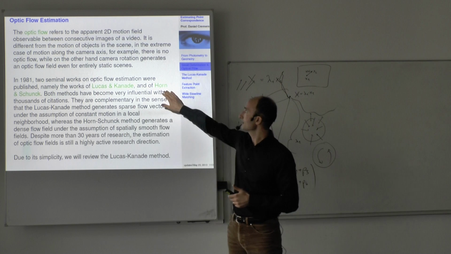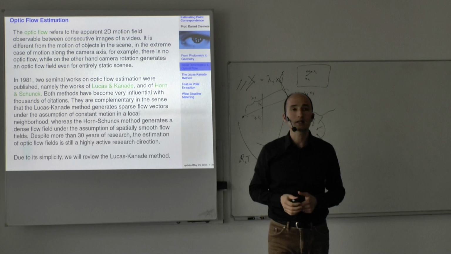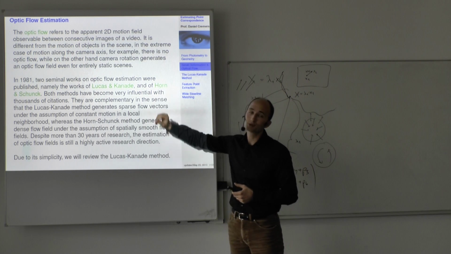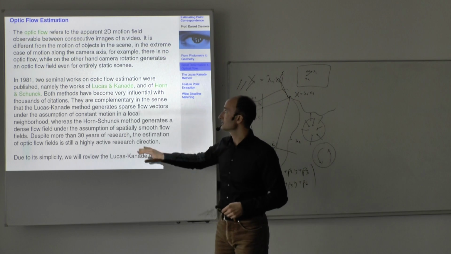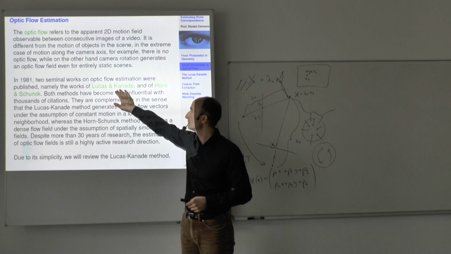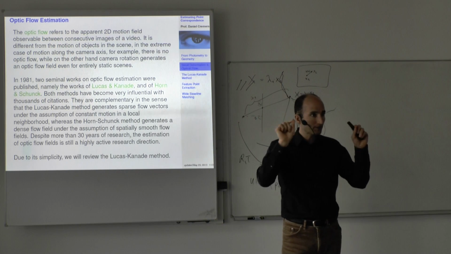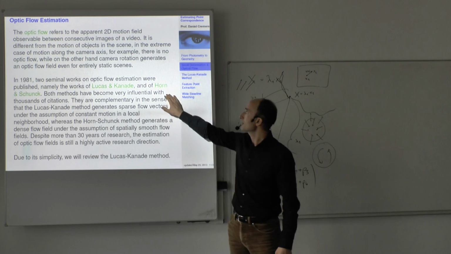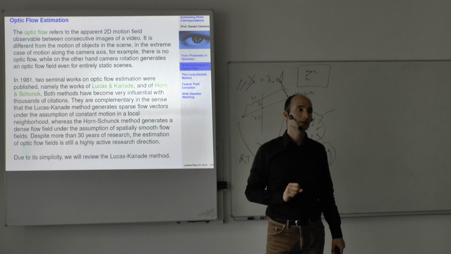The Horn-Schunck method in the early times was not as influential, but has become increasingly popular over the last years. Whereas in the 90s, optical flow methods were mostly using the Lucas-Kanade concept of sparse flow vectors, modern optical flow algorithms tend to follow the Horn-Schunck approach.